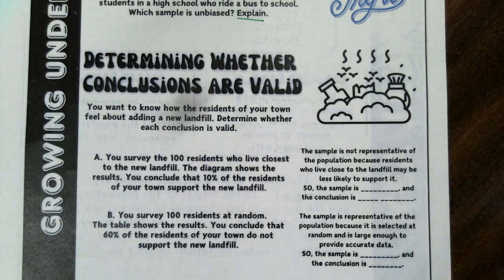So in the results, you conclude that 10% of the residents of your town support the new landfill. Okay, so then you survey 100 residents at random, and the table shows the results. In that table, which you don't need to see, you conclude that 60% of the residents of your town do not support the new landfill.